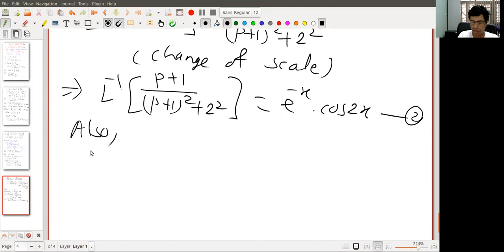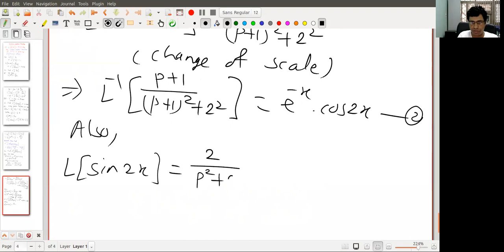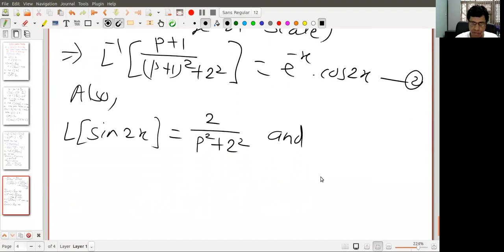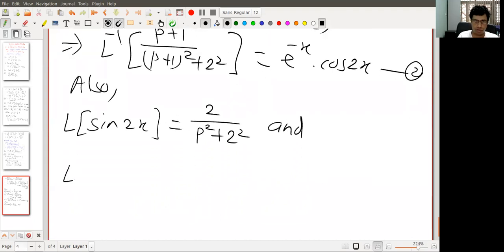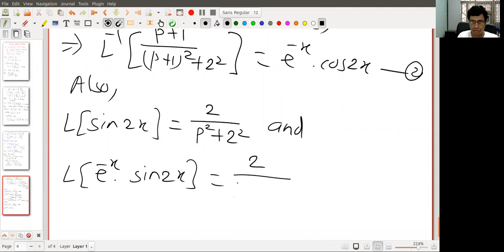Also, we have Laplace transform of sine 2x. Laplace transform of sine ax is a divided by p square plus a square. So it is 2 divided by p square plus 2 square, and the change of scale property is L of e raised to minus x into sine 2x equals 2 divided by p plus 1 square plus 2 square.